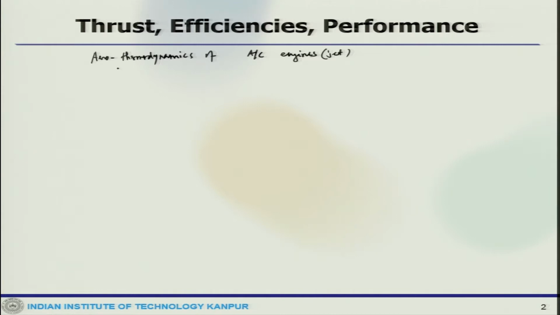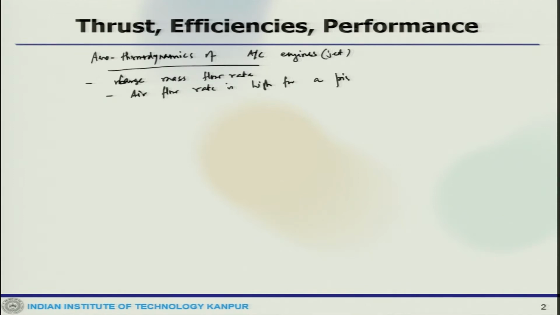Now, air, when it passes through these big aircraft engines or jet engines, the mass flow rate it deals with is large. That is very important. Airflow rate is also high for a piston propeller engine.